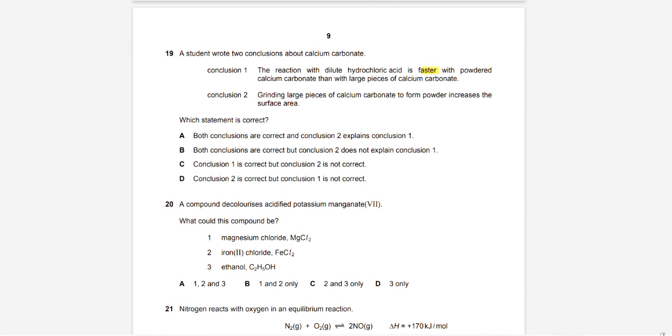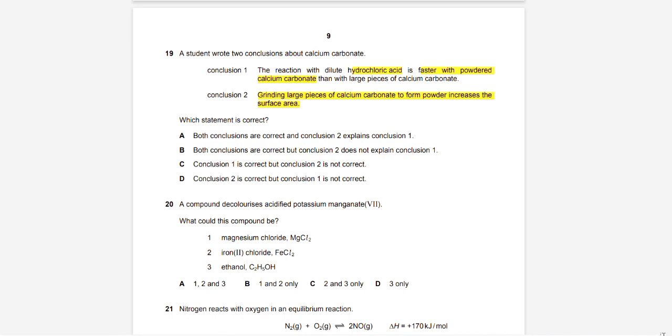Grinding a large piece of calcium carbonate to form powder increases the surface area. Actually, this is explaining the first one. The first is just a statement that the reaction with hydrochloric acid is faster with powder compared to the large piece, and the second explains it: when powder is formed, the surface area is increased.